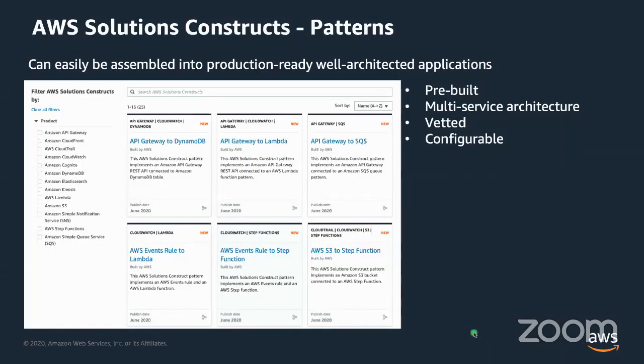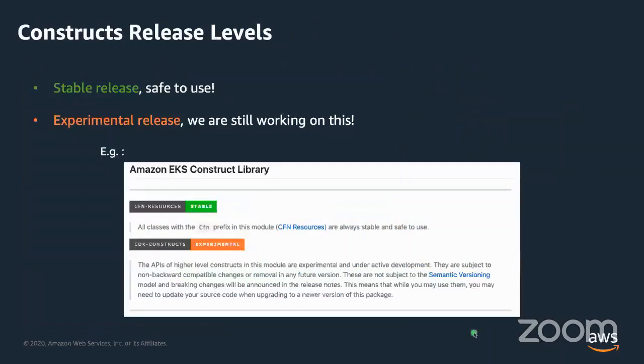So for example, using CloudFront with S3 is a very common architectural pattern, right? So that is still available in solution constructs as a pattern. So have a look at it, play around with it, and give us feedback about what you think about these different patterns. And I did mention this before, so you should always look at the construct library.